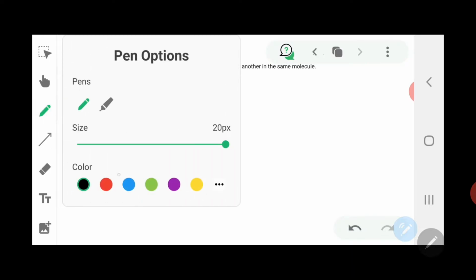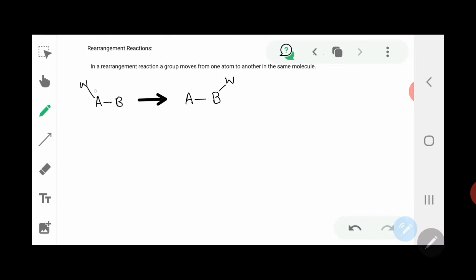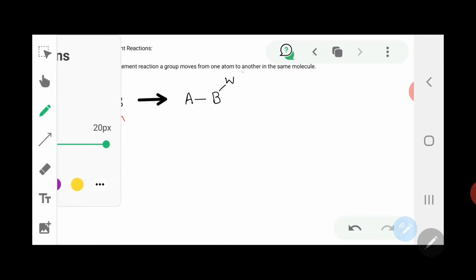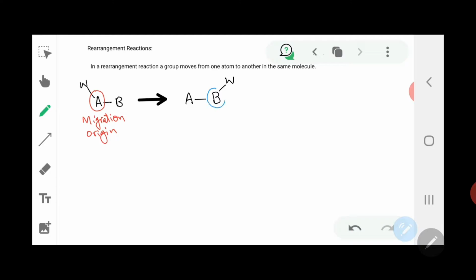So here A is our migration origin, meaning that atom or site from where the migrating group moves to the second atom, which is known as migration terminus.